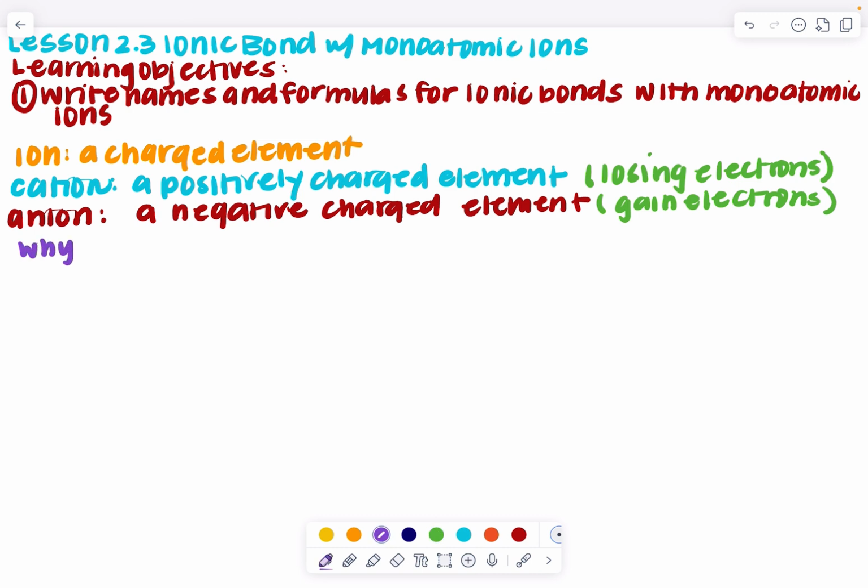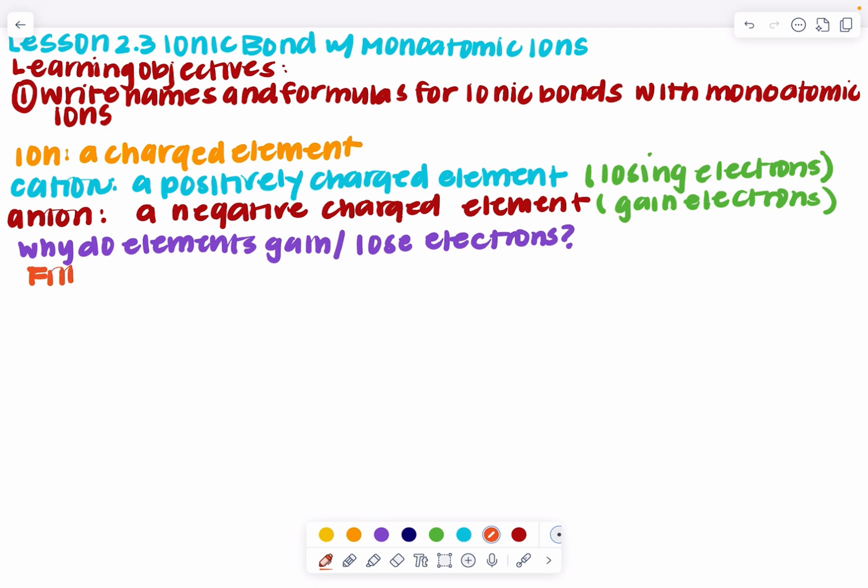But the question is, why does this happen? Why do elements gain and lose electrons? Gain and lose electrons, not elements. But why do they do this? They do this because they want to fill the outermost energy level.